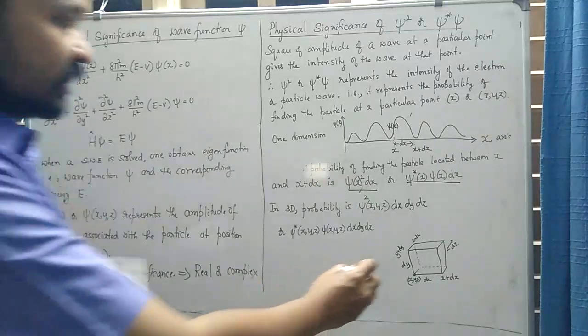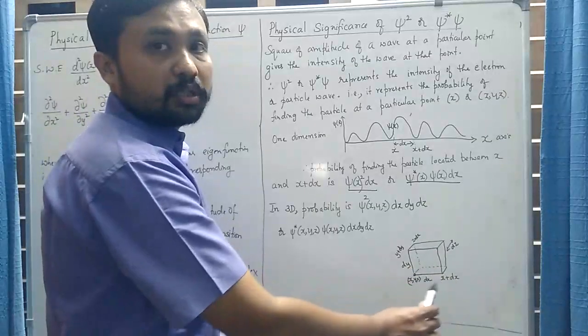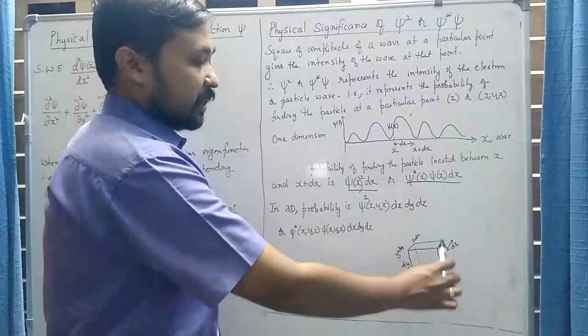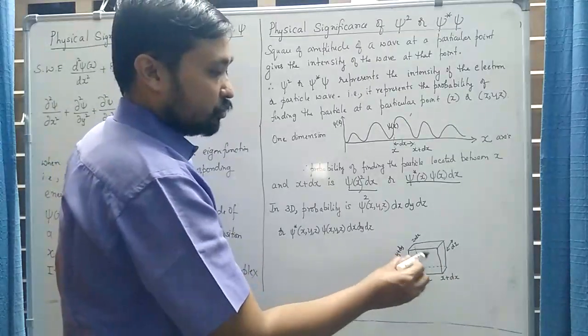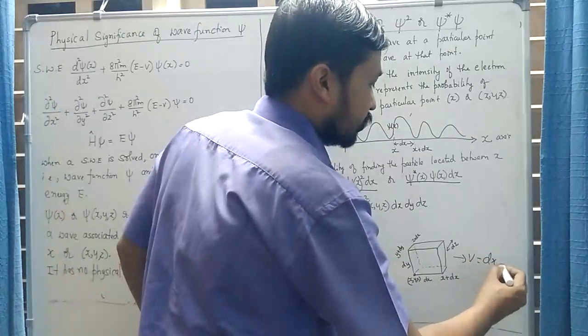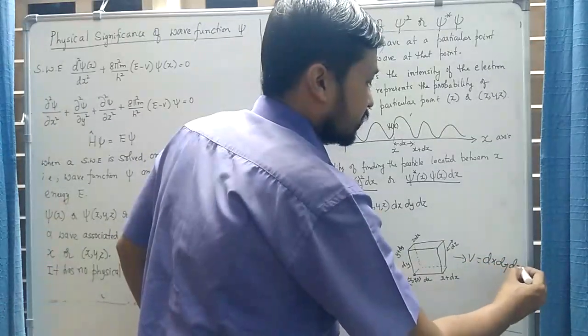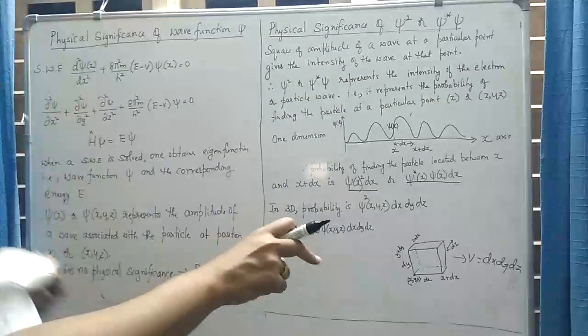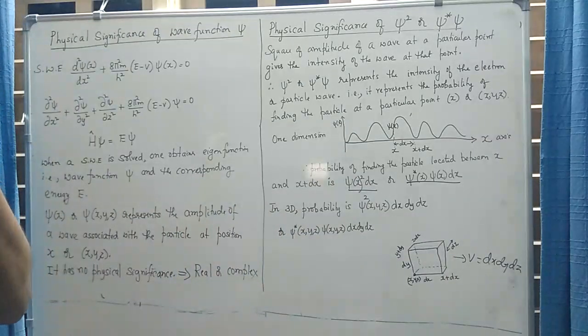I have drawn a small imaginary cube in space. The volume of this very small cube is dx into dy into dz.